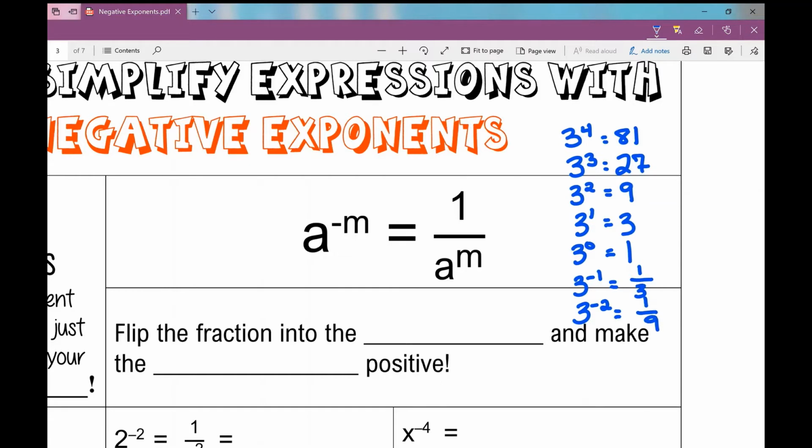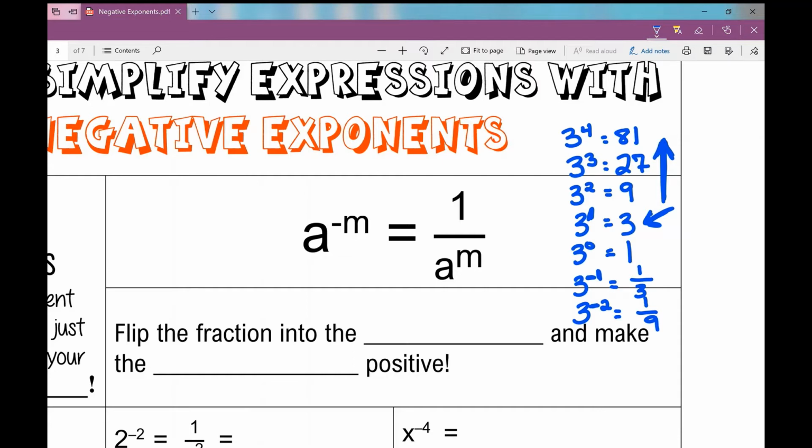What do you notice is happening? We're taking this up here and we're flipping it. So whereas when we raise a base to a positive exponent, 1, 2, 3, 4, that yields very, very large values, when we raise a base to a negative exponent, that yields very small numbers.